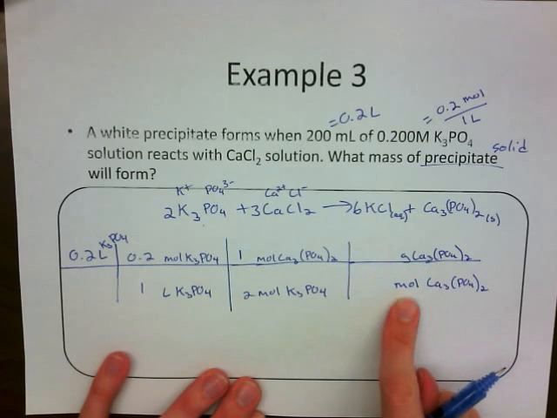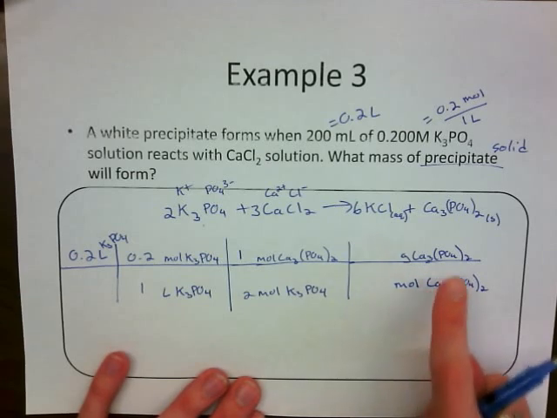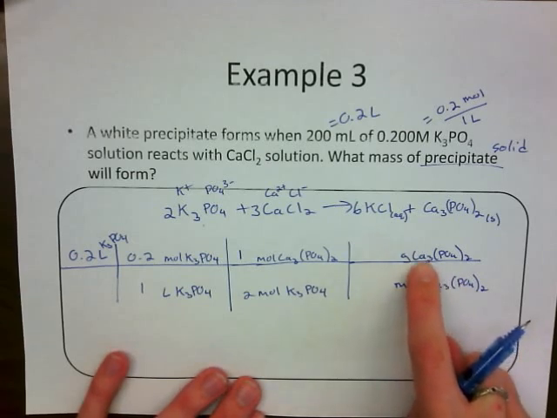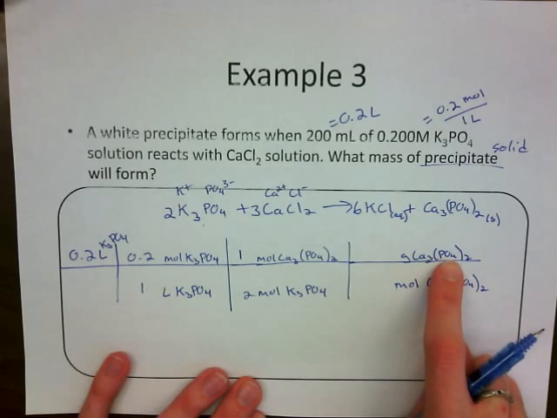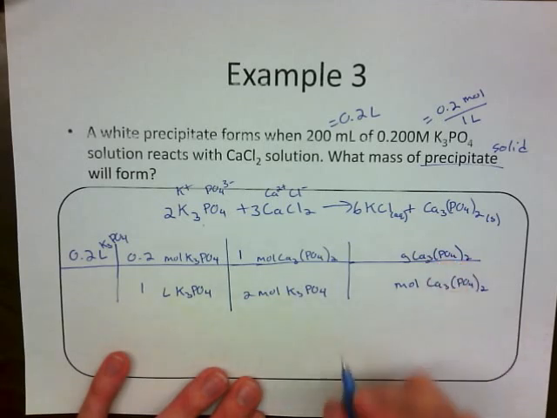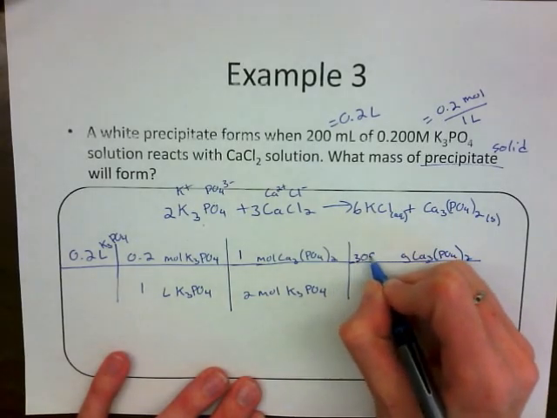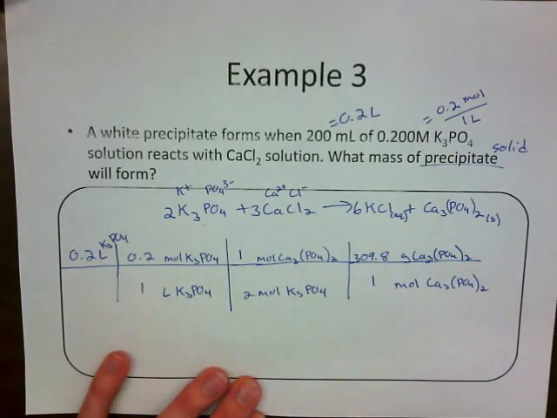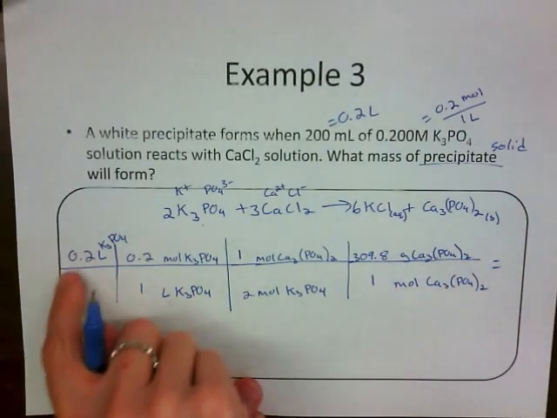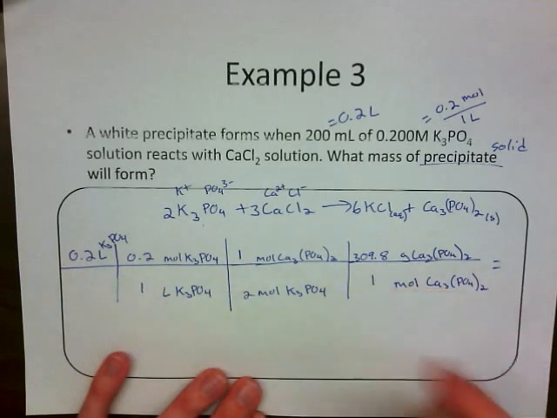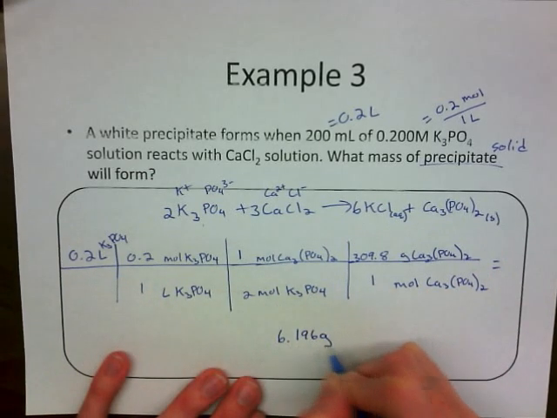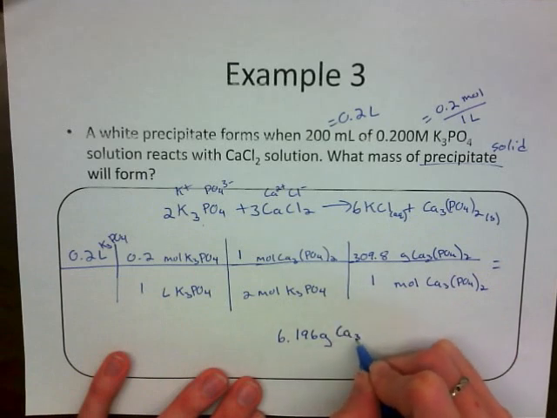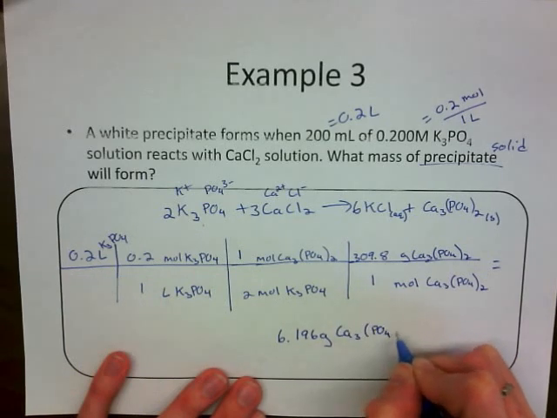You should recognize grams per mole as molar mass. I have 3 calciums, each of them molar mass of 40, 2 phosphorus, and 8 oxygens. You add that all up, you should get 309.8 grams per 1 mole. As always, multiply across the top, divide across the bottom. I'll get 6.196 grams of calcium phosphate.